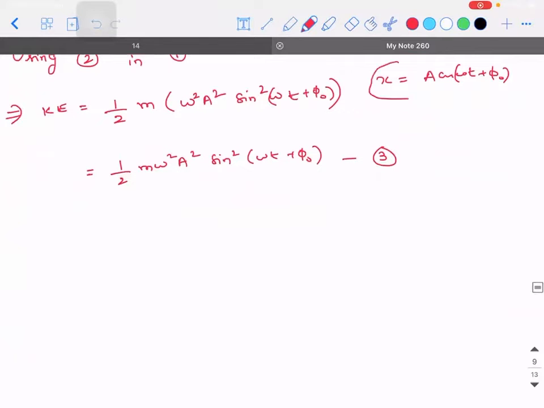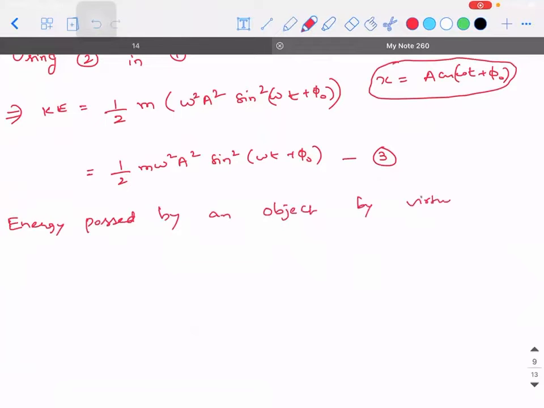When the particle in SHM is also having a position associated with it, what is the energy possessed by an object by virtue of its position?